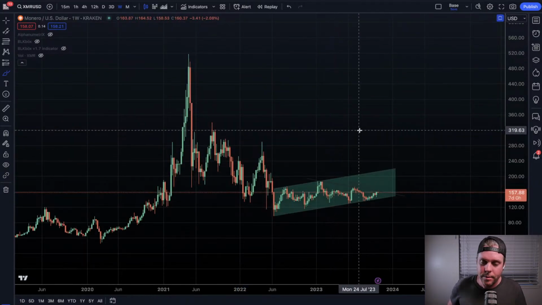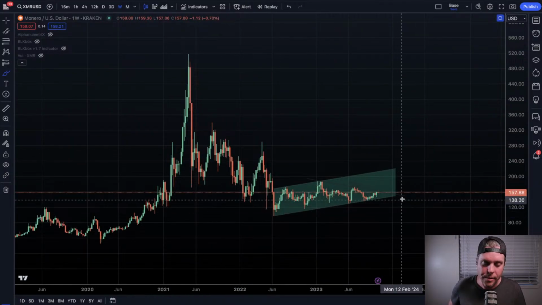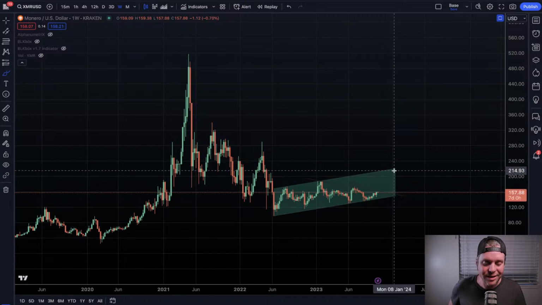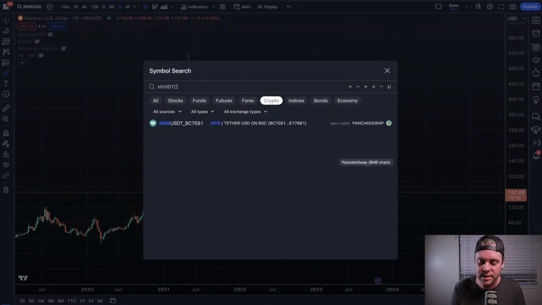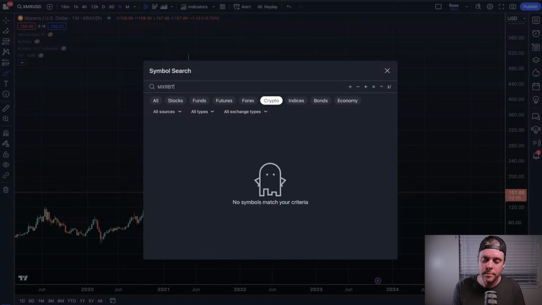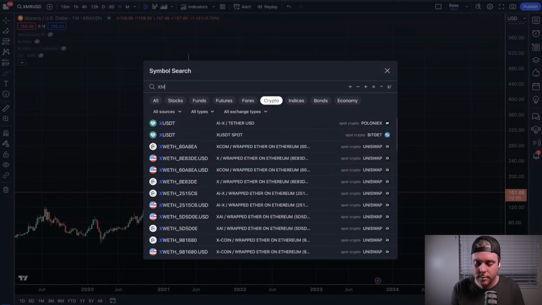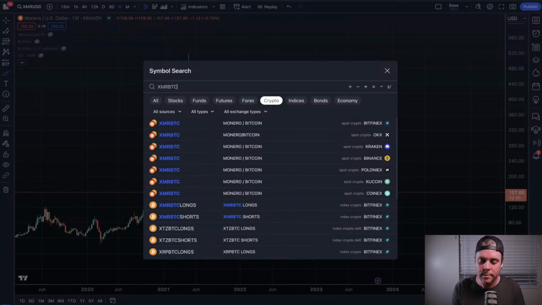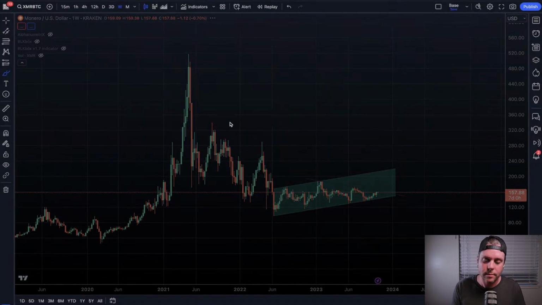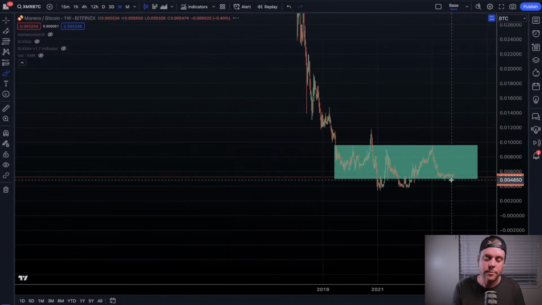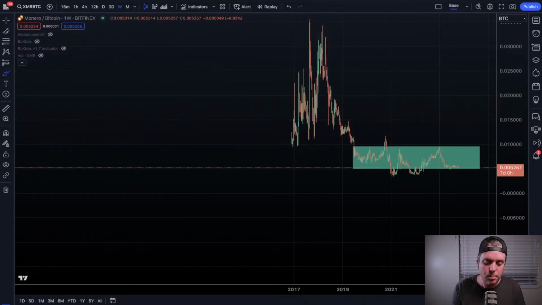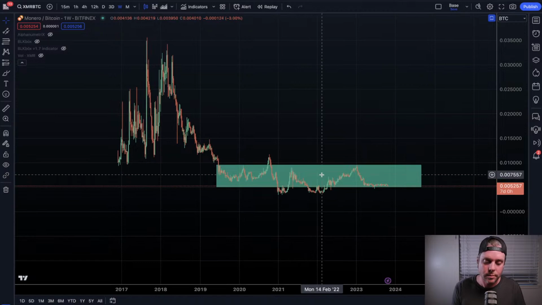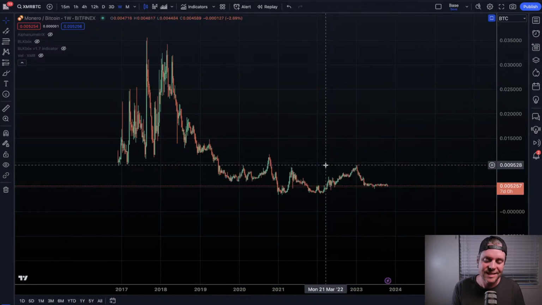Okay. Monero. Monero is kind of in an uptrend, kind of in a consolidation. I think Monero on the dollar is too hard to read. So let's go XMR BTC. Still downtrend.